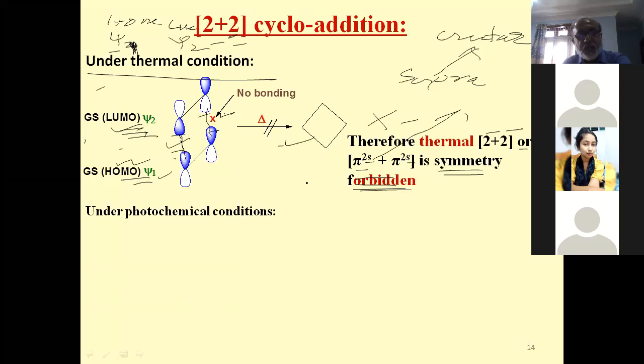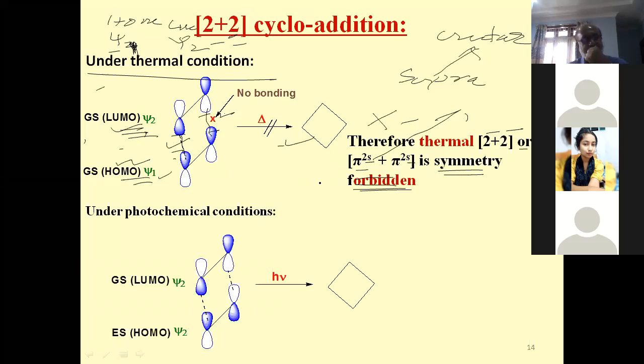Coming now to photochemical condition. Under photochemical condition, HOMO becomes psi 2, yes or no? HOMO is psi 2, and the LUMO is in the ground state; you don't consider that both need to be in the excited state.